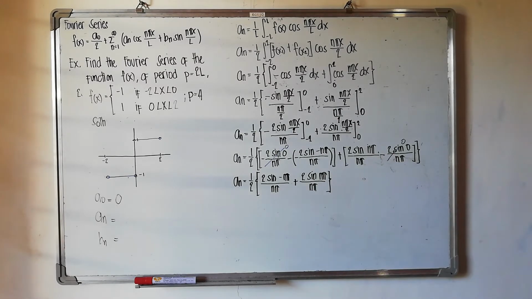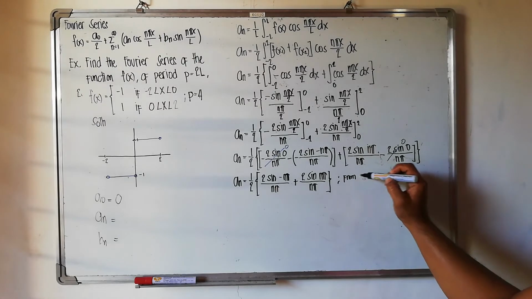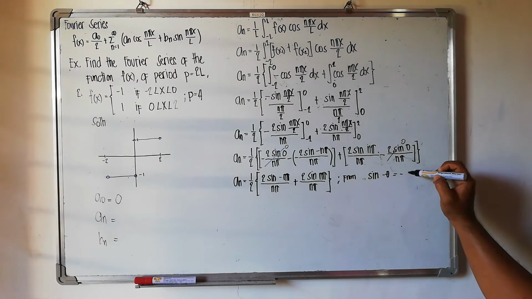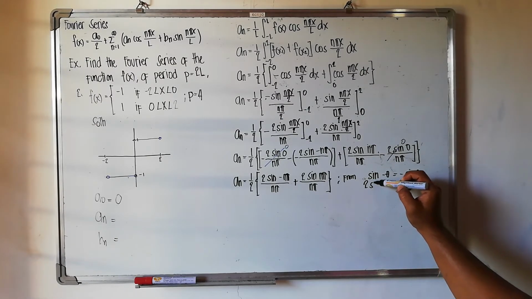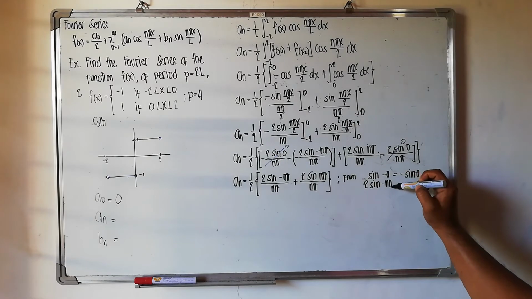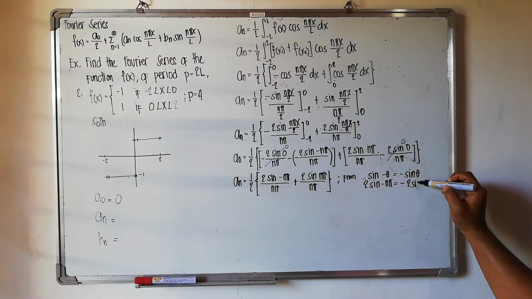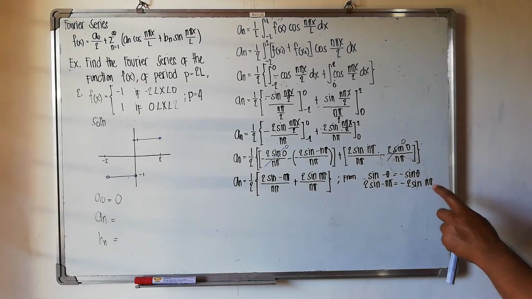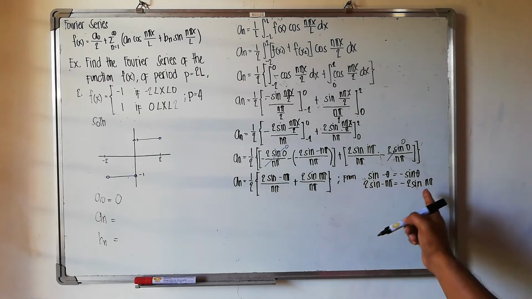But remember, from your trigonometry, sine negative theta is equal to negative sine theta. So your 2 sine negative n pi is just equal to negative 2 sine n pi. So substitute the equivalent from your trigonometry.